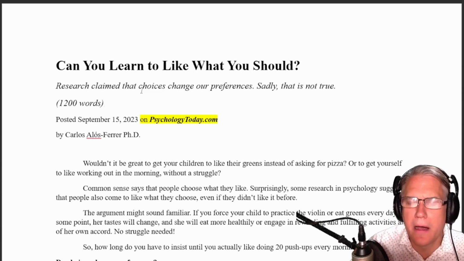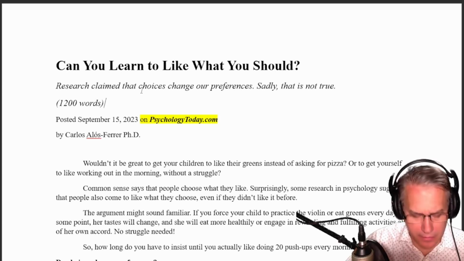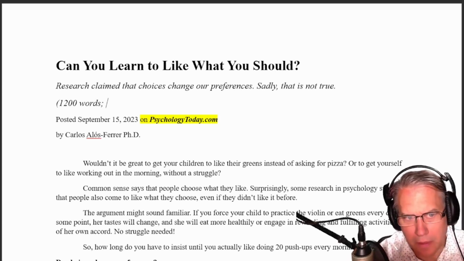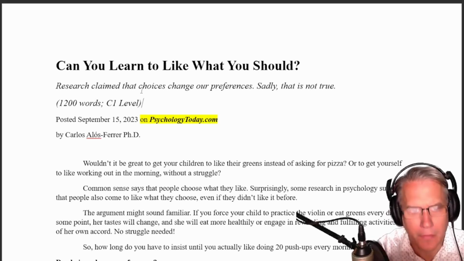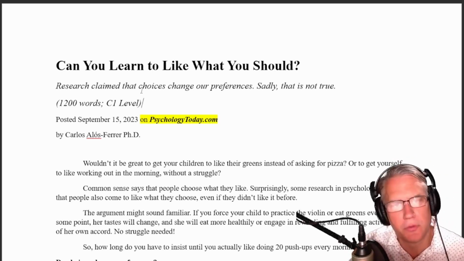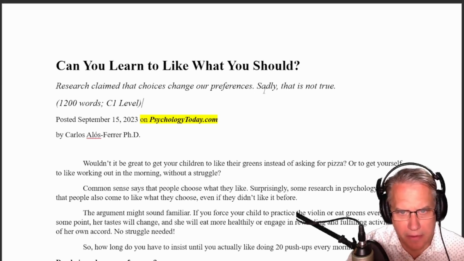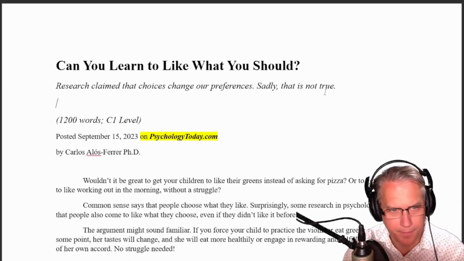And then the level of language and vocabulary here is, we're looking at about a C1 level. And that's what we're going to start with. So let me space this out a little bit further.